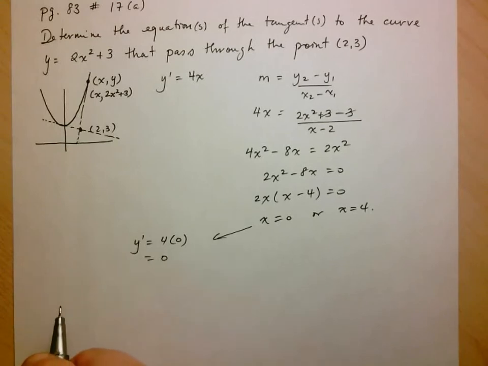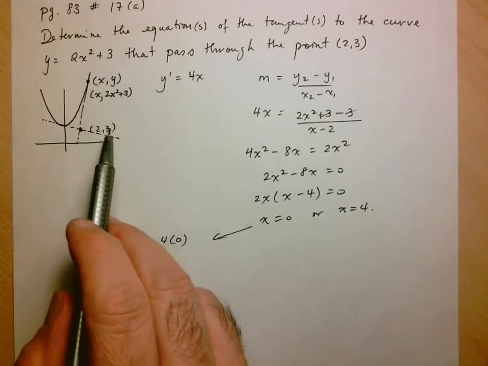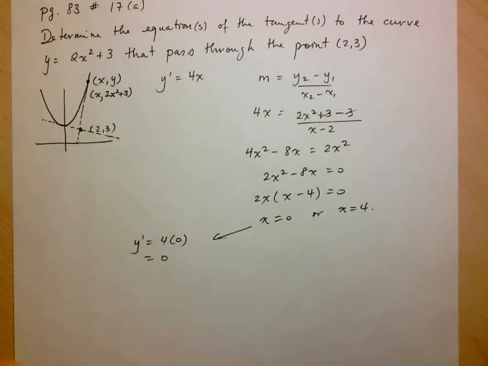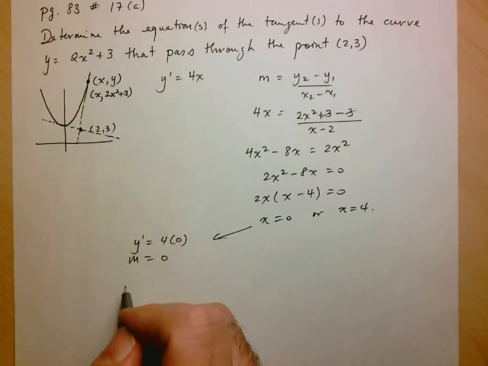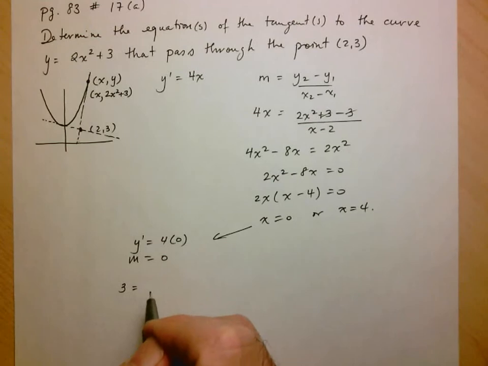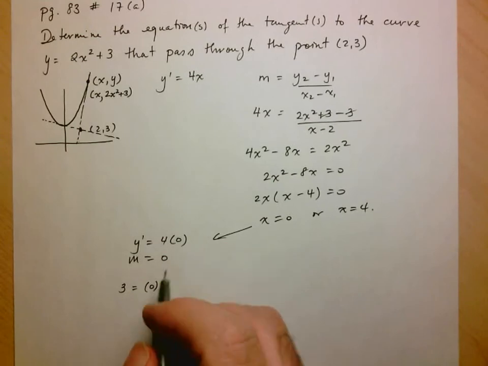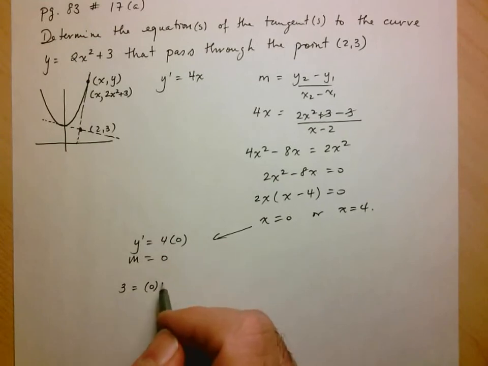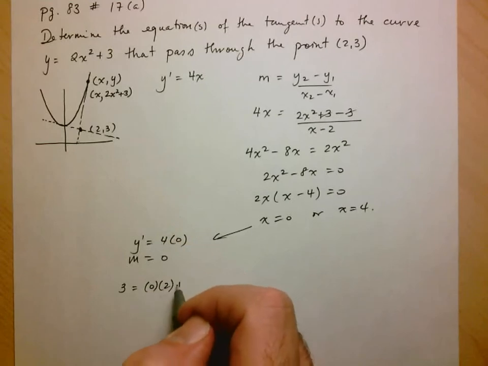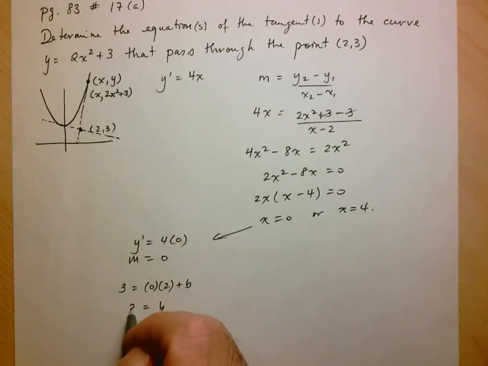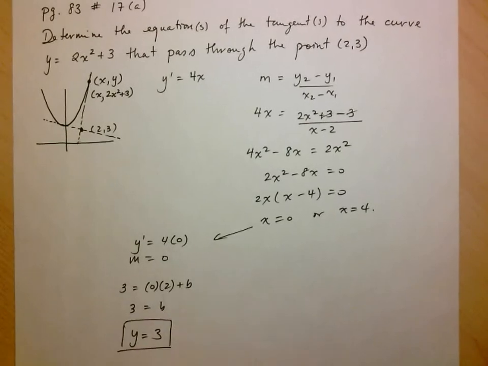So all I have to do is find the y value, but the y value is just given by that point there. Okay, so just to make sure you see what I'm doing, this ends up being my slope. Okay, the point (2, 3) is on the line, so I can put y equals 3 equals the slope 0 times x equals 2 plus b. b is equal to 3, so y equals 0x plus 3 is my equation.